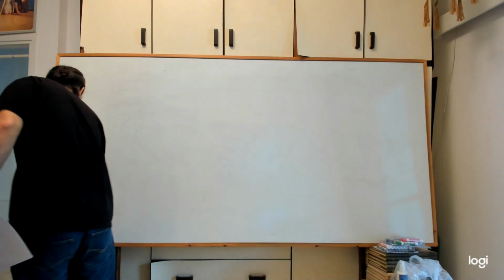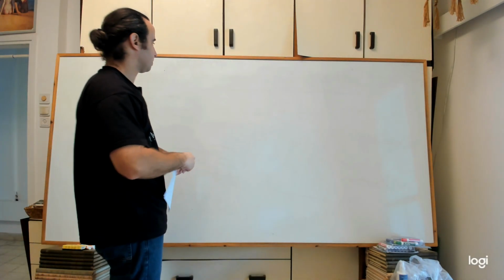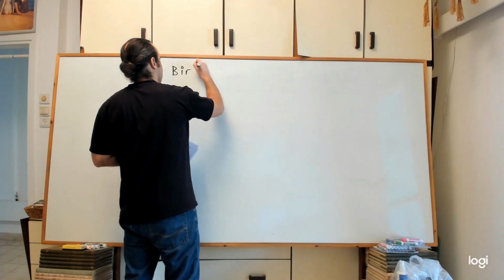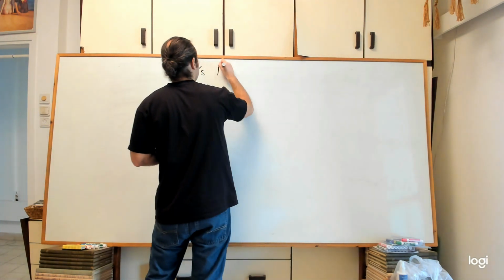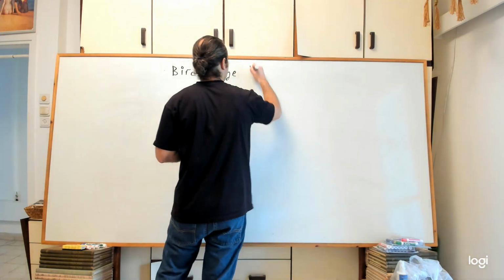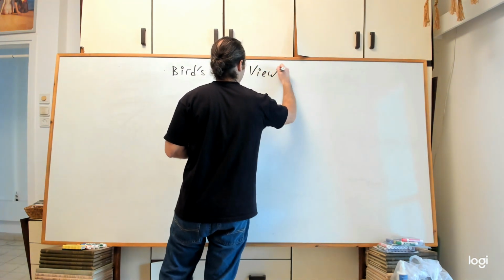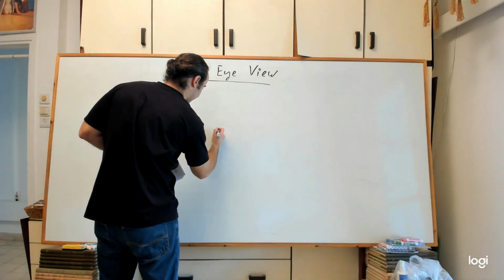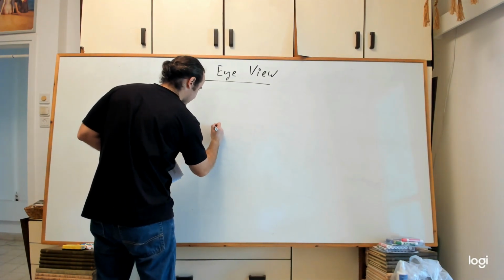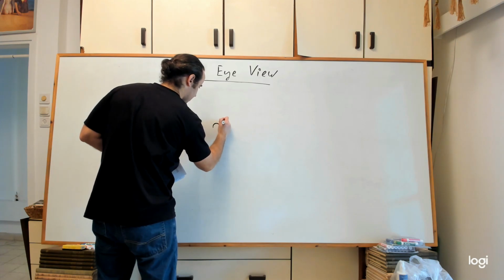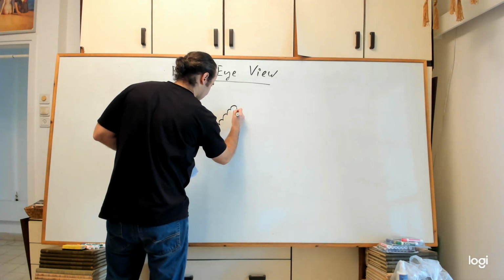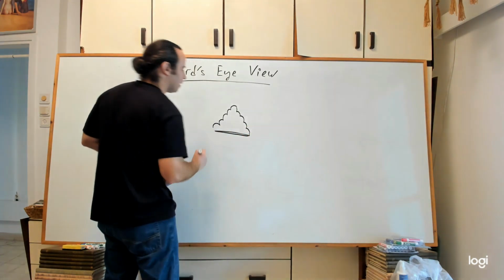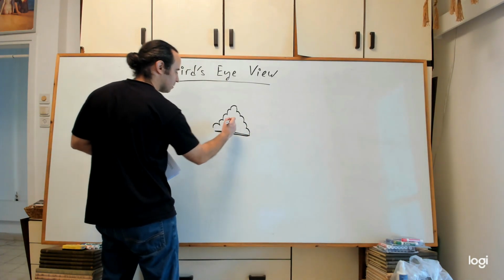Okay, so now we look from the top, like a bird's eye view. We have the hive. And we have the box.